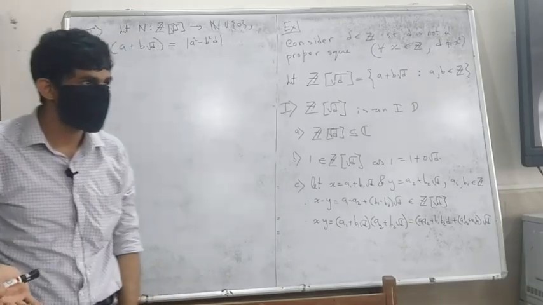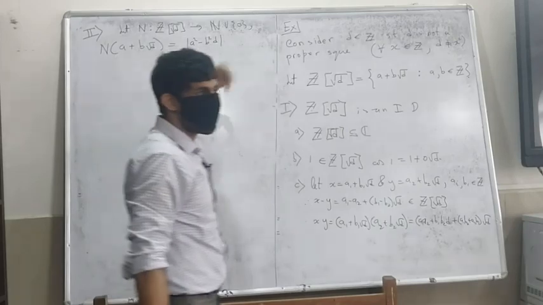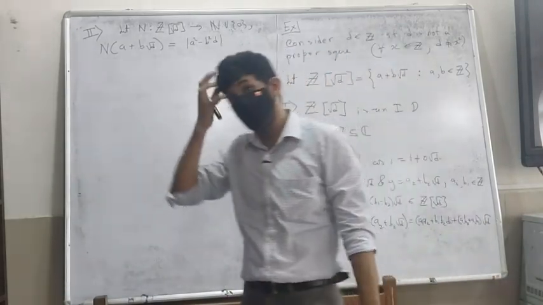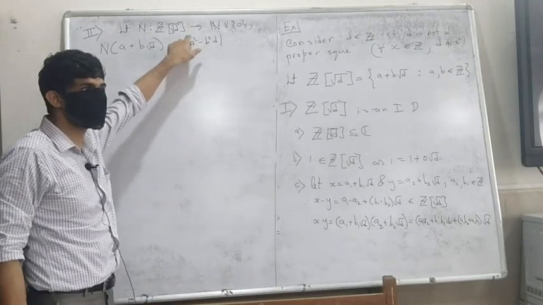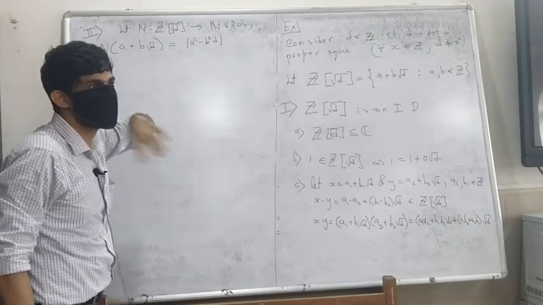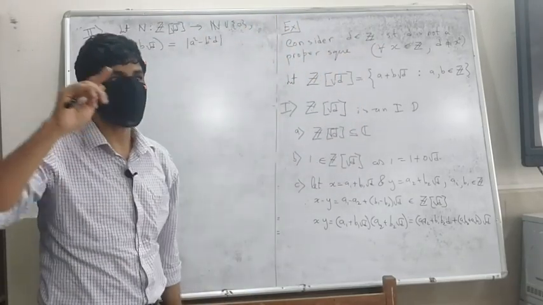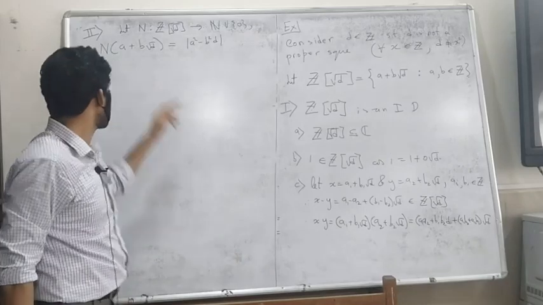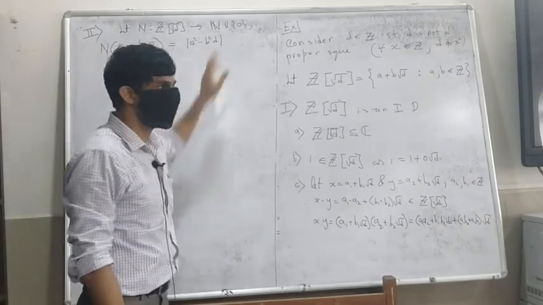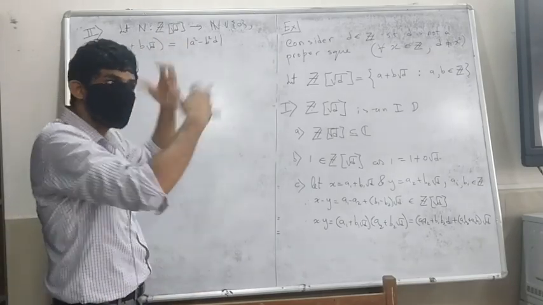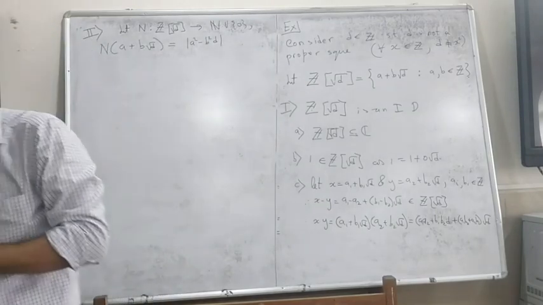The modulus square, because modulus is the square root. When d is minus 1, you get a square plus b square, which is the modulus square of the complex number a plus ib. So this is a generalization of the complex modulus.